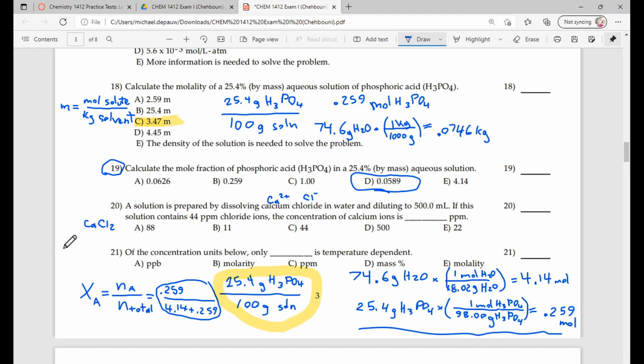Half the calcium, right? So if the chloride concentration is 44 ppm, the calcium should be 22. That one's an easy one if you know what to look for. But it does give you extra information which could convince you that you need to do all sorts of crazy calculations, which you don't.